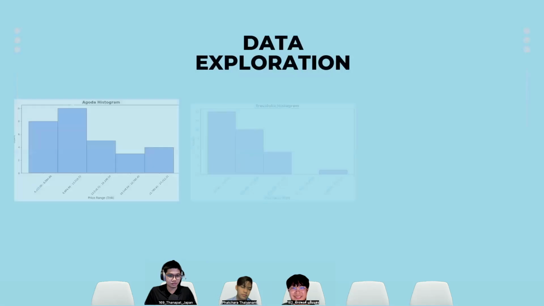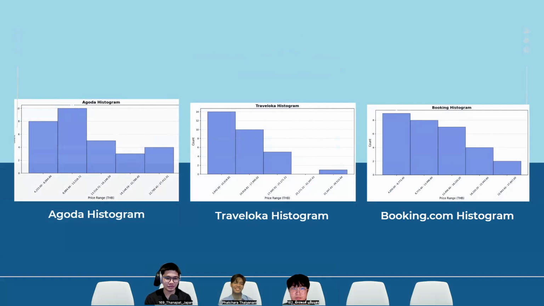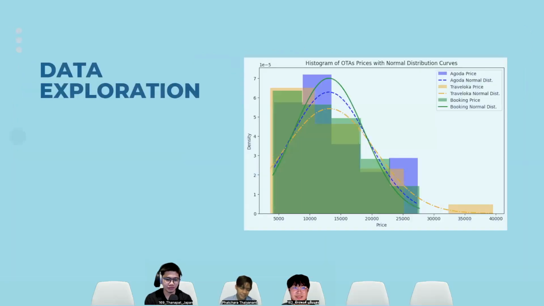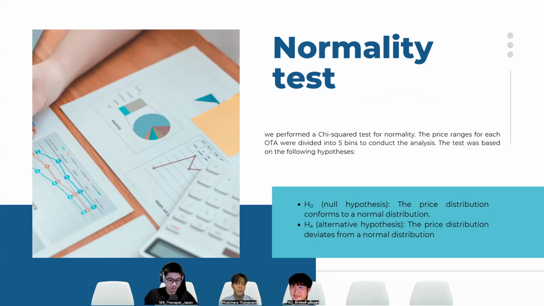This is the data exploration of three OTAs: Agoda, Traveloka, and Booking.com. This is the histogram of OTA price with a normal distribution curve. Normality test. We perform a chi-square test for normality.